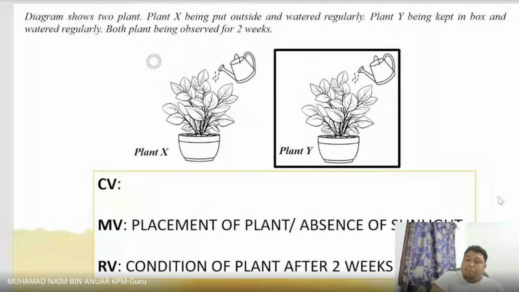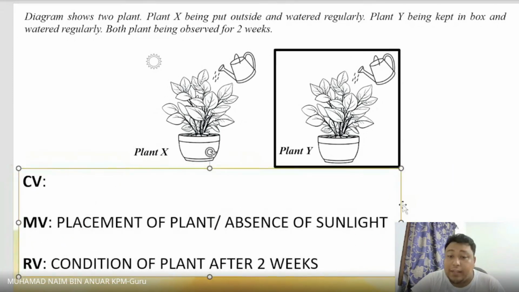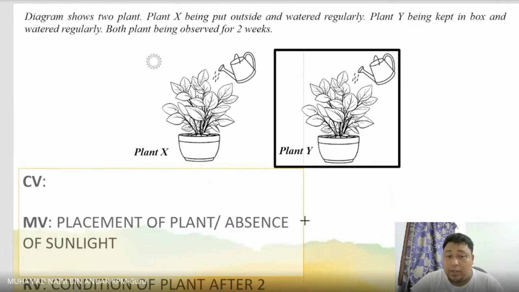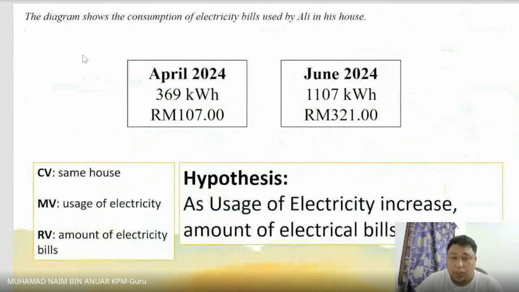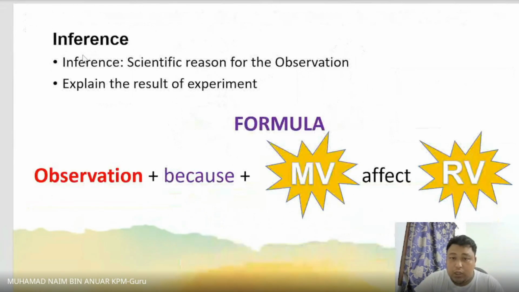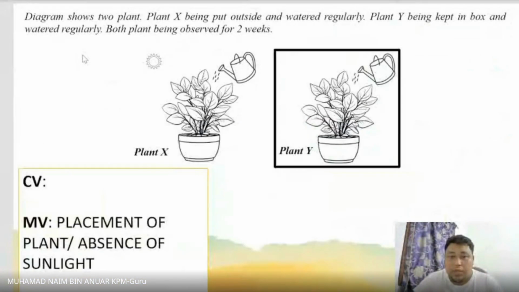The plant Y will, because MV affected RV. Sorry, RV affected MV. Look at the formula. MV affect RV. So I make it smaller for this.